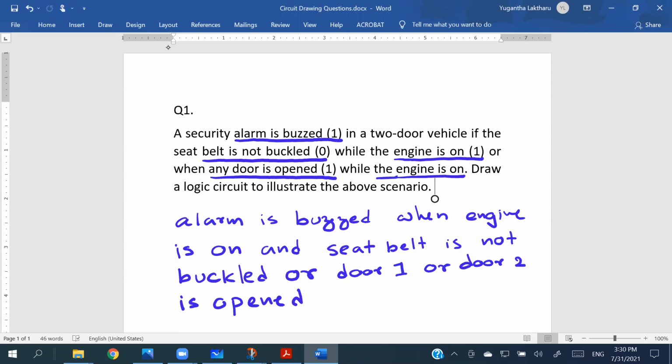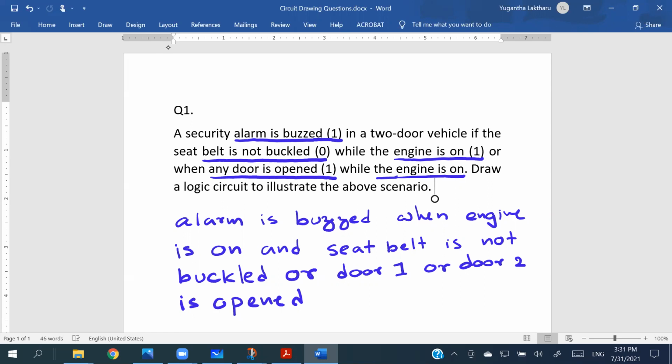Right, people, can you agree with the thing that I have written? Alarm is buzzed when engine is on and seat belt is not buckled or door 1 or door 2 is open. So engine must be on in all the cases.